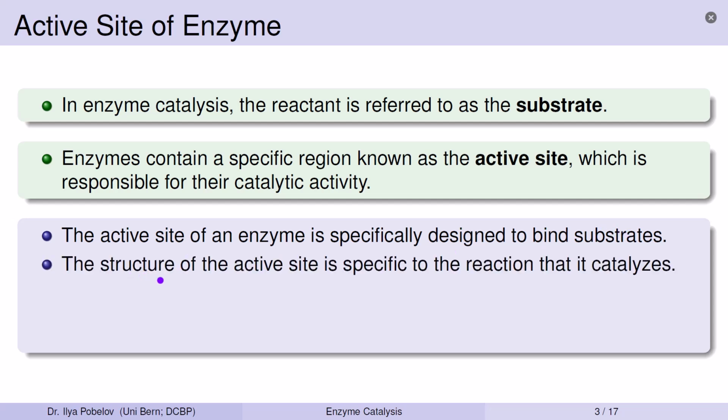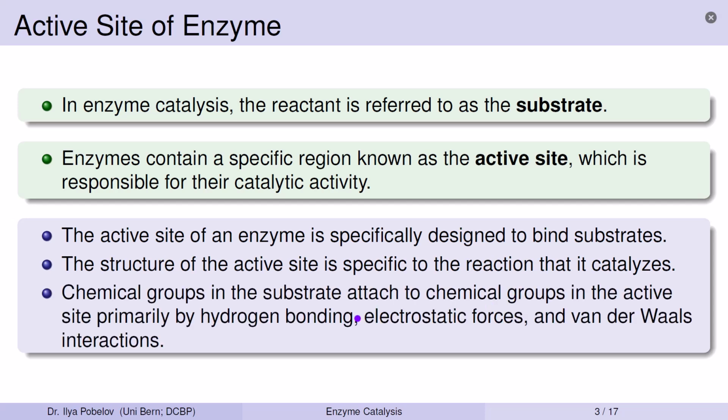The structure of the active site is specific to the reaction that it catalyzes, with chemical groups in the substrate attached to chemical groups in the active site primarily by hydrogen bonding, electrostatic forces, and van der Waals interactions.